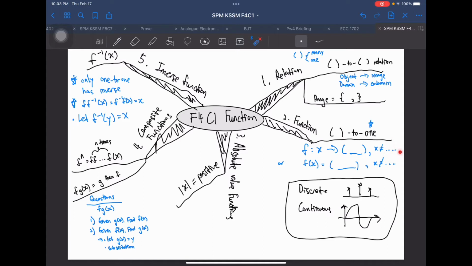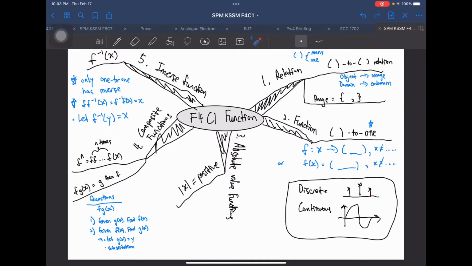Okay, and then what are discrete functions and continuous functions? Discrete function means that the variable is countable, so you can only represent it by a chart like this or using a bar chart.